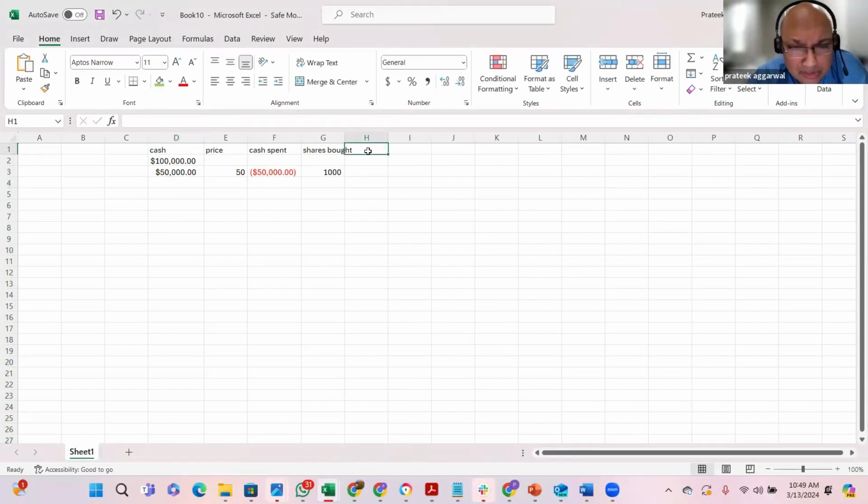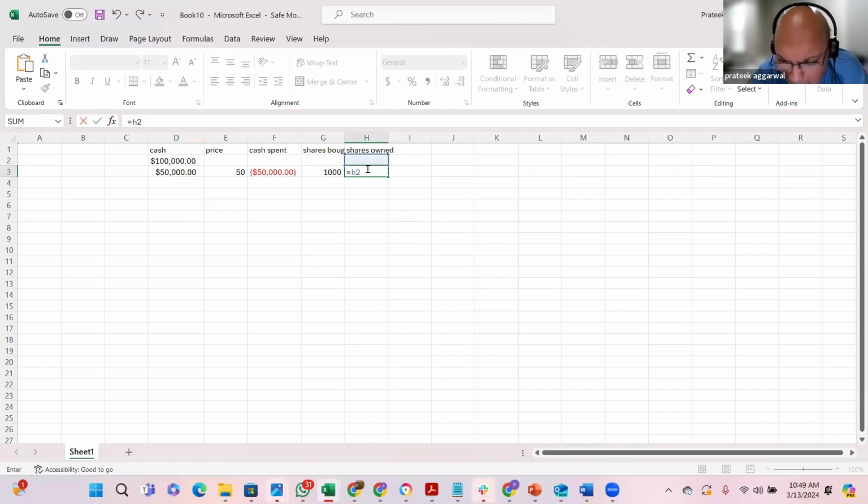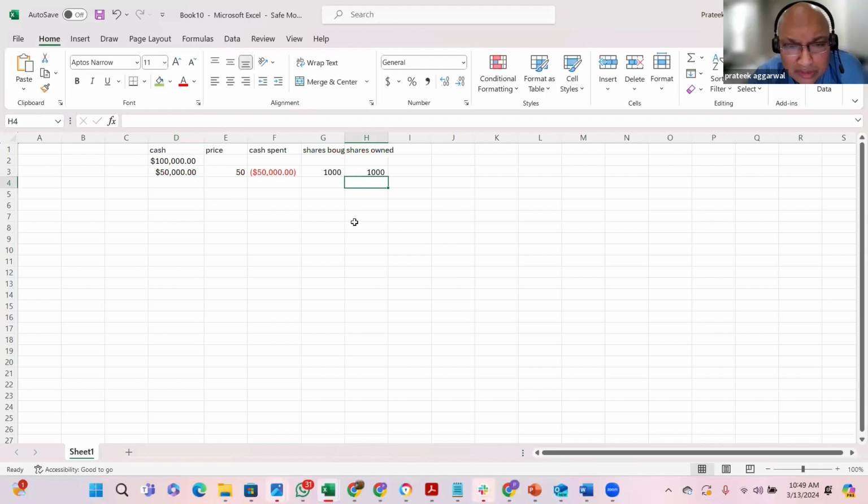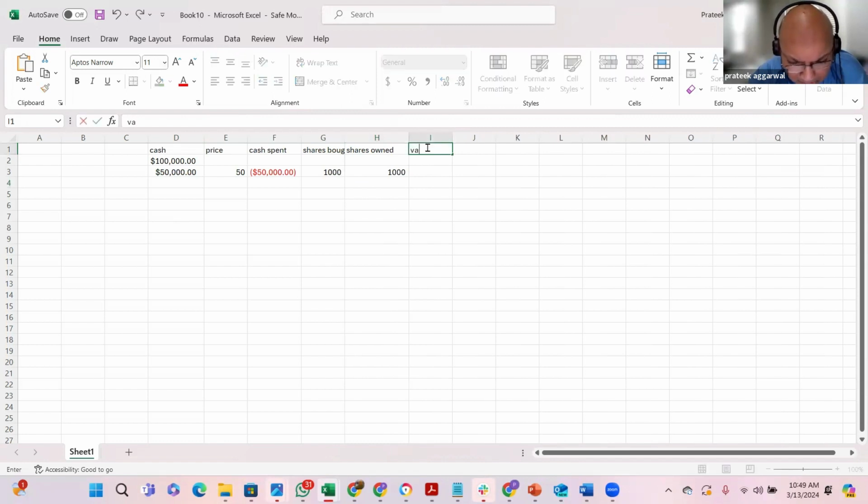Now let me also make another column saying shares owned. So shares owned is equal to H2, which is 0, plus G3. So now I own 1,000 shares. The next thing I want to do is calculate the value of the account.